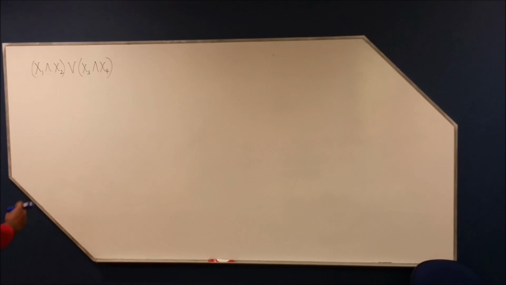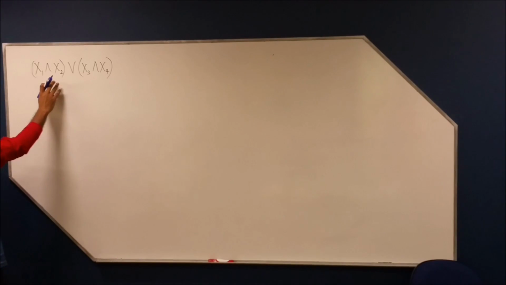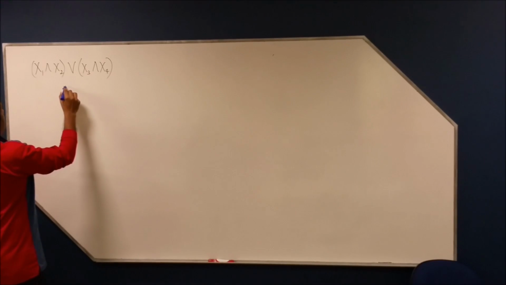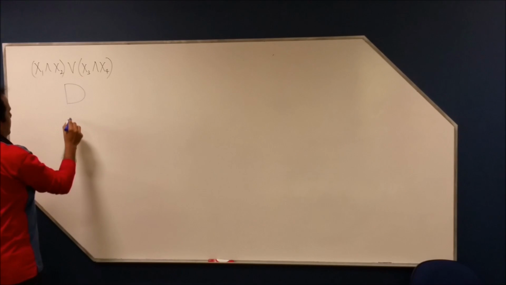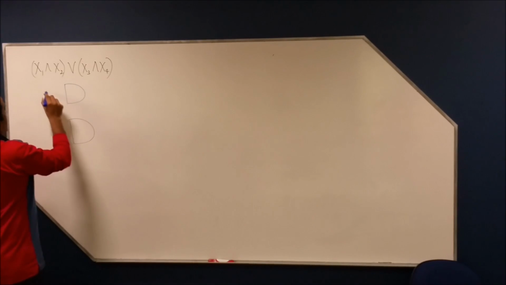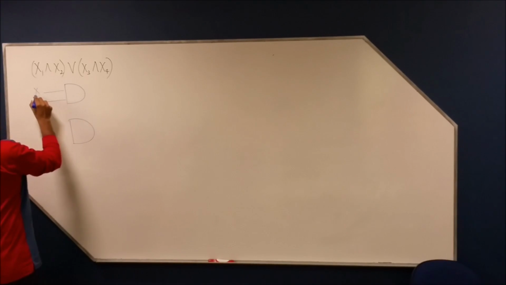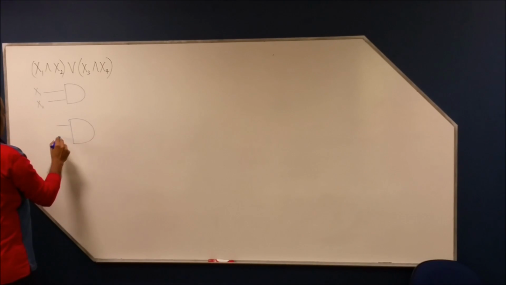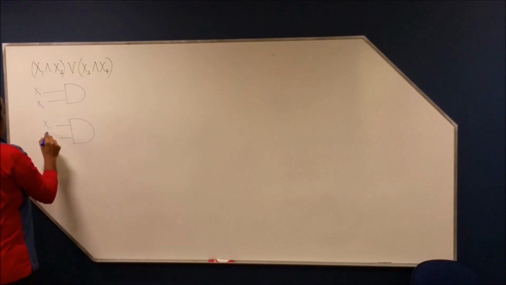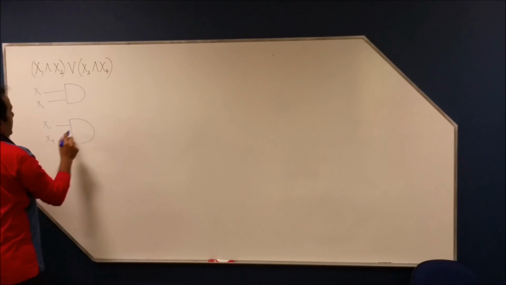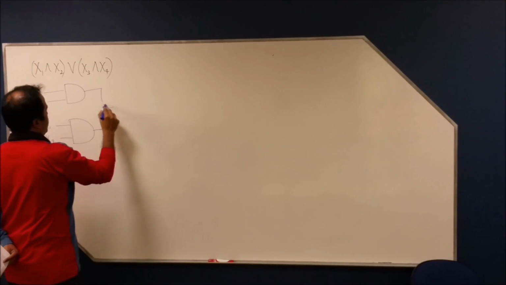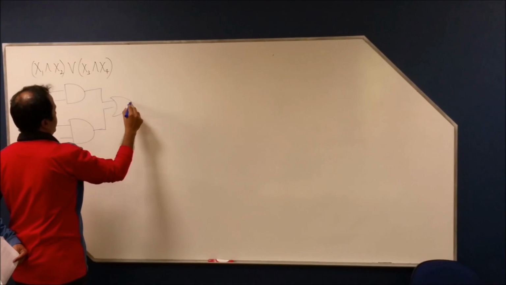Okay, so let's, for instance, have a look at this Boolean expression. Now, how do we realize this Boolean expression? We can just develop the AND gates for the inputs, because we have x1 ANDed with x2 as well as x3 and x4, and then the outputs of these could be fed to an OR gate.